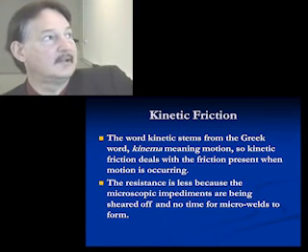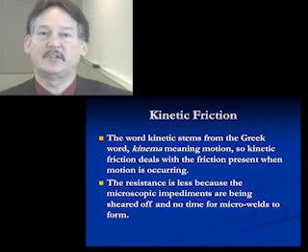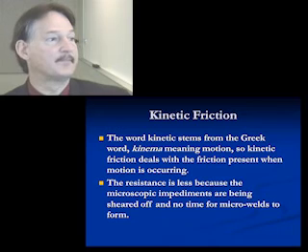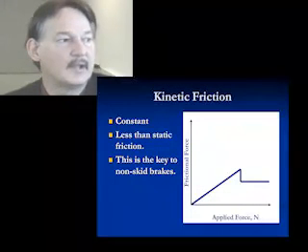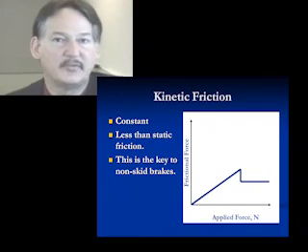The word kinetic derives from the Greek word kinema, meaning motion, and so we refer to this friction as kinetic friction as opposed to static friction. It looks like this. Here's the graph that we saw before where we were applying a force and the frictional force was rising in direct proportion to the applied force.